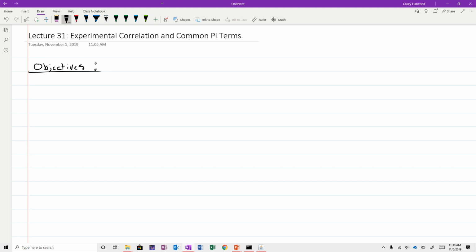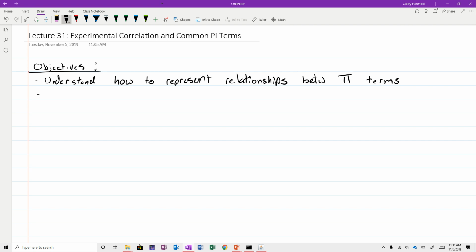So our goals today: we want to understand how to represent relationships between dimensionless groups, between pi terms.